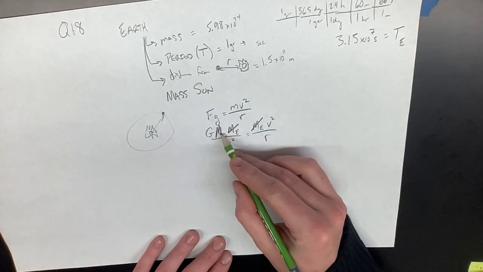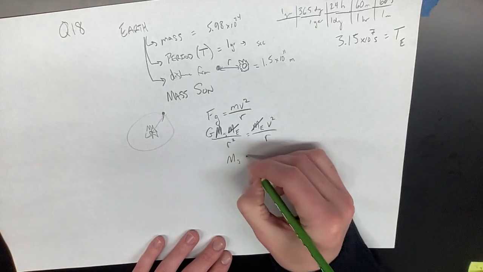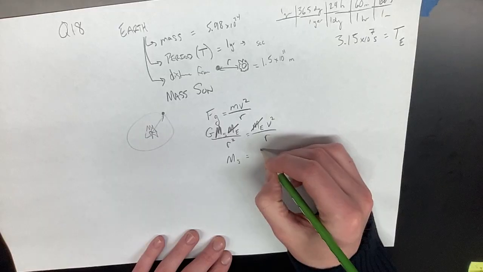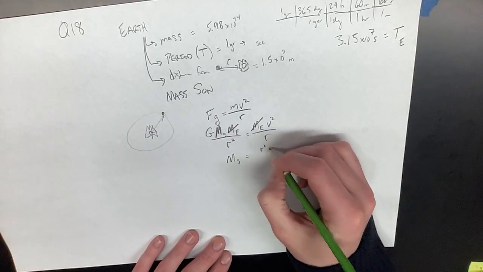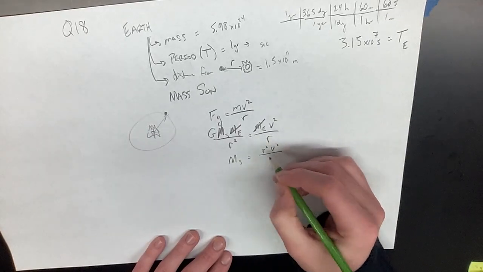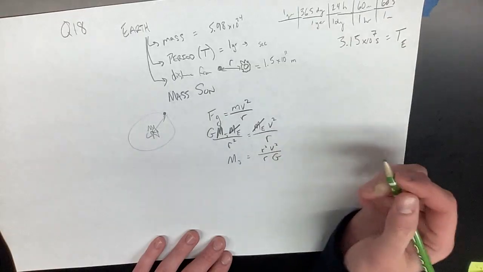And I want to get the mass of the sun by itself. So let's see. R squared v squared over rG.